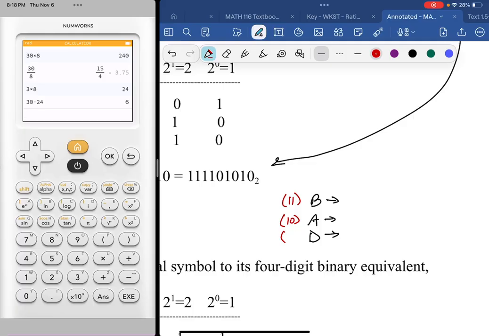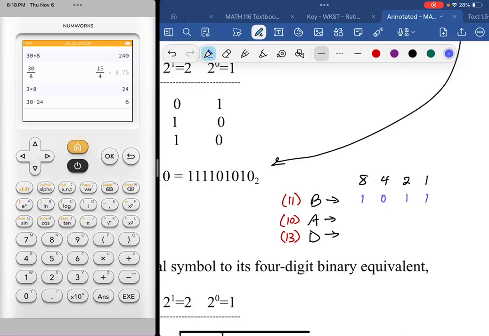C would be 12, so D would be 13. And again, my possibilities are 8, 4, 2, and 1. So I'll take an 8. If I take a 4, that's too much. That'll get me to 12. I need to get to 11. So I'll take a 2. 8 plus 2 is 10. And one more will get me to 11.